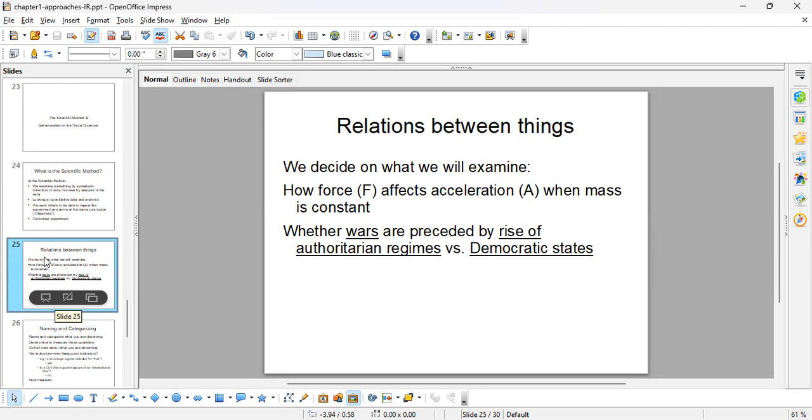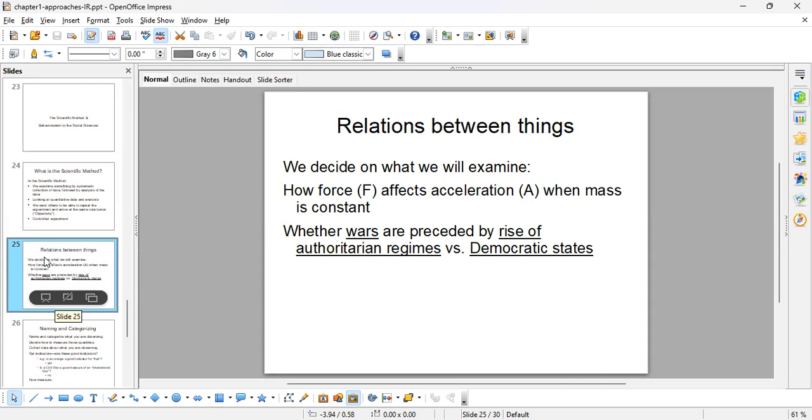Now look at another experiment, in terms of physics, you might want to see how force affects acceleration when mass is kept constant. This is Newton's second law, right? By changing the force, you want to see if acceleration will change similarly when mass is constant.